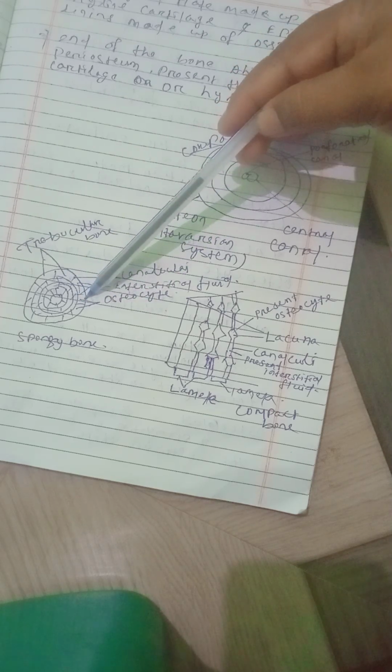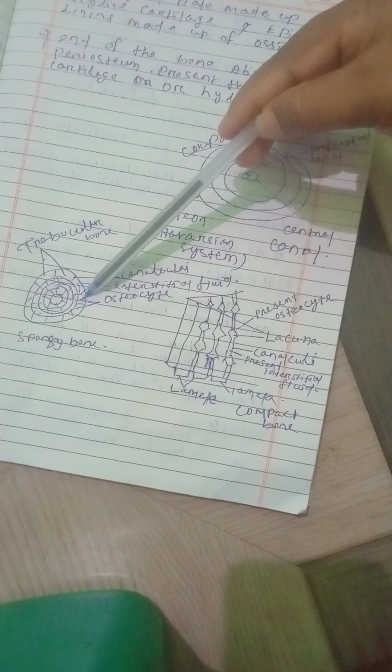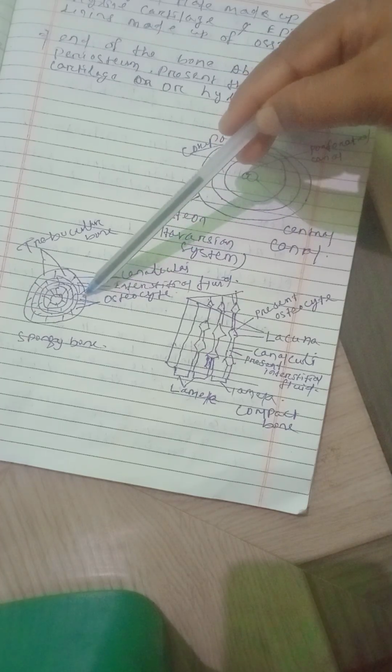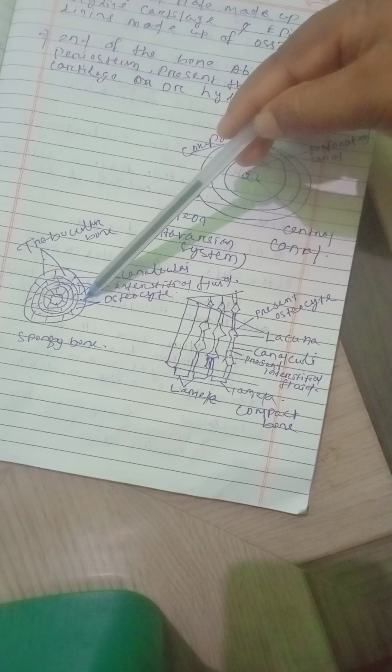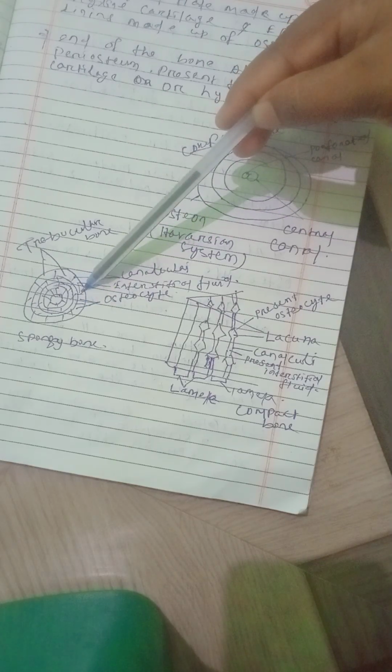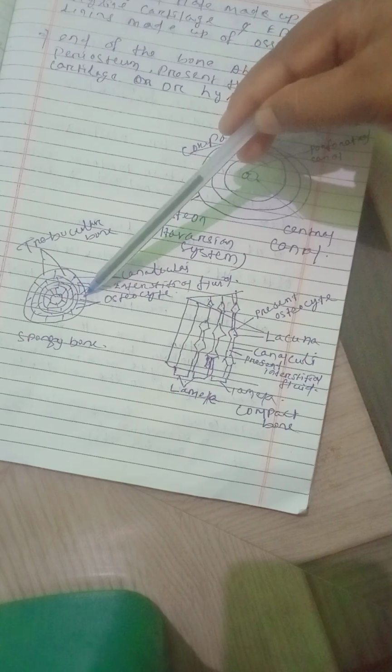And this cube is called the trabecular bone, and in the trabecula the osteocytes are present, and the canaliculi have the interstitial fluids, and this interstitial fluid nourishes the osteocytes.